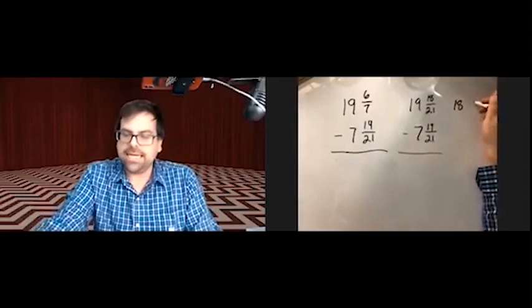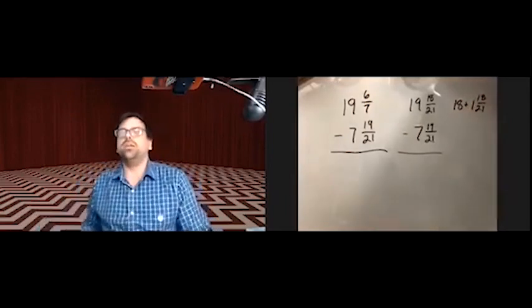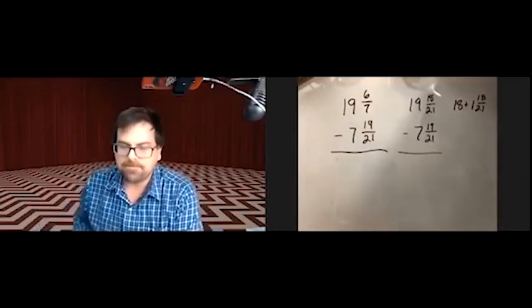This would be 18 and 1, 18/21, because 18 plus 1 gives us the 19.